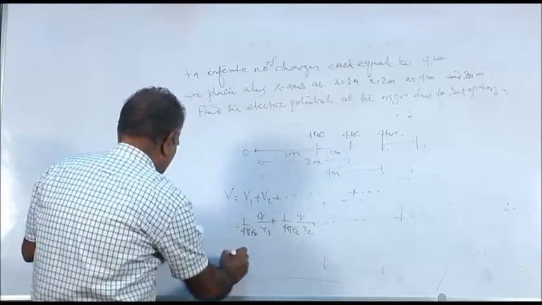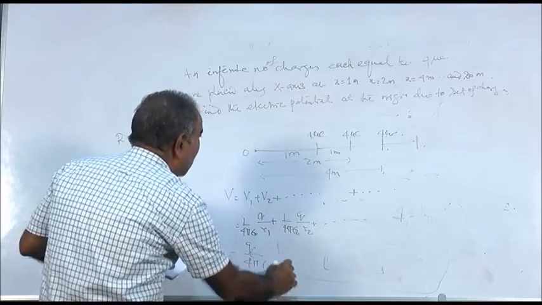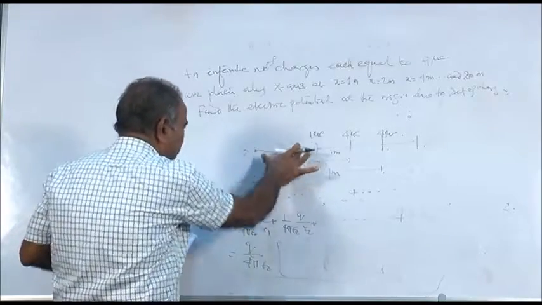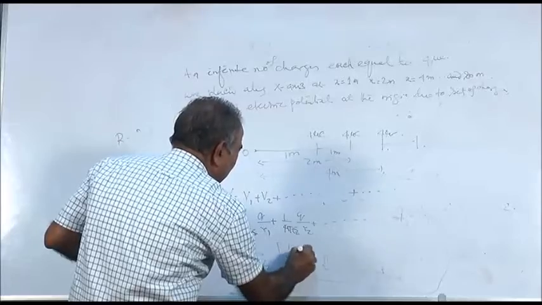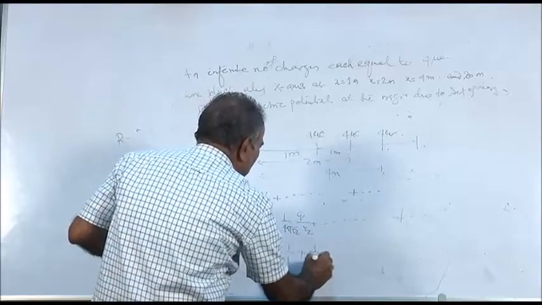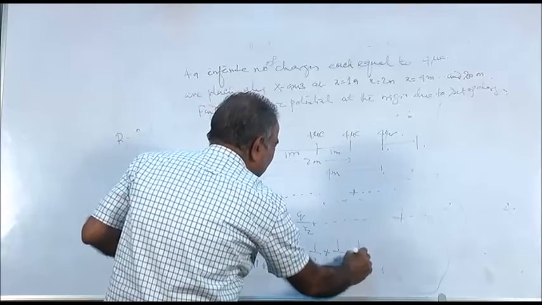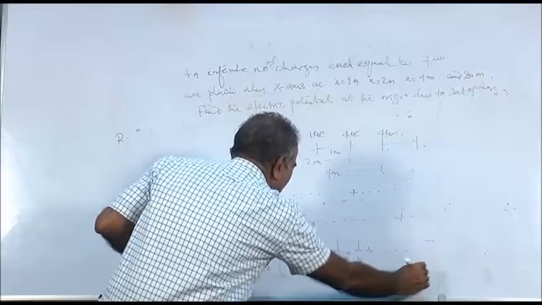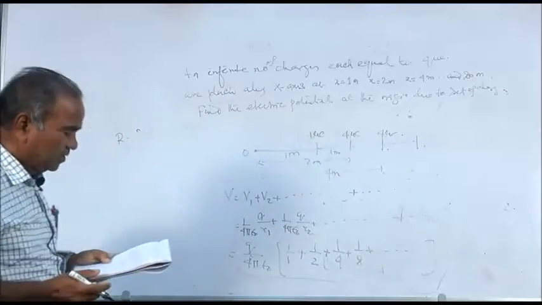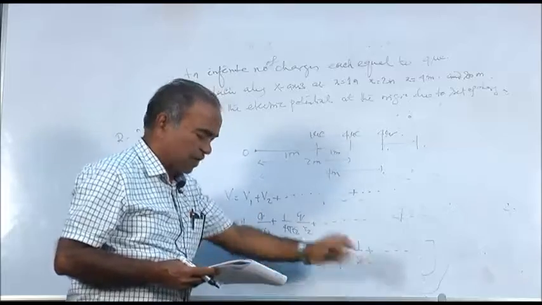So Q by 4 pi epsilon 0 you take common. R1 is at a distance of 1 meter, so this is 1 by 1. Then this is at a distance of 2 meter, so this is 1 by 2. Then this is 1 by 4. Then 1 by 8, and so on. So you see that this is in GP, geometric progression.